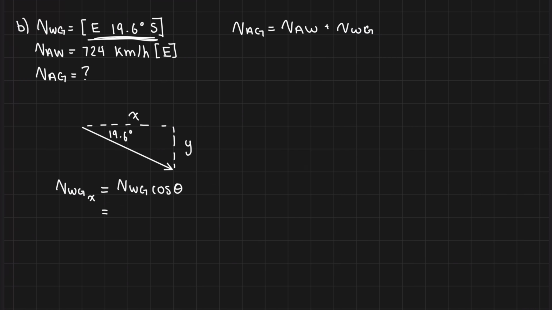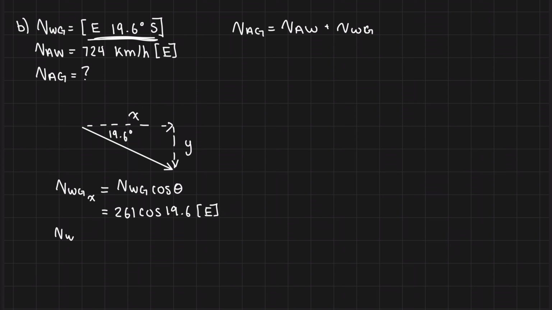Since we're given theta, we can just take cos theta, which gives us the value of the adjacent side. So that's going to be 261 cos 19.6 degrees. Now, you can go ahead and put this value into your calculator, but I like to just write it out like this and then use that value later.